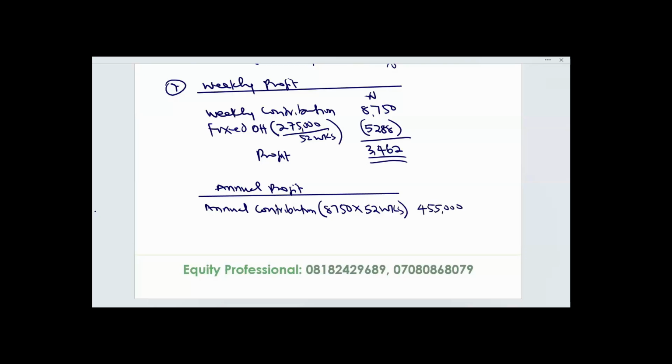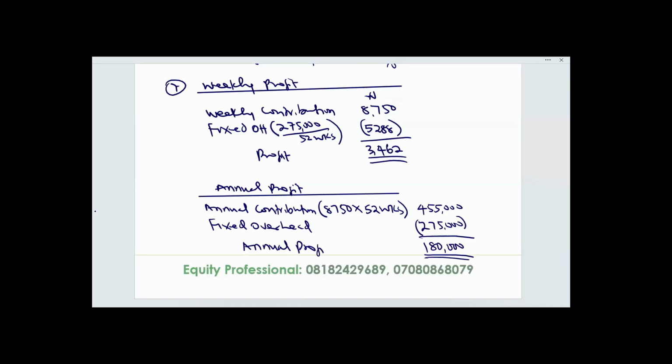Then I can less the annual fixed overhead of 275,000. So this will give us annual profit of 180,000. Yes, 180,000.